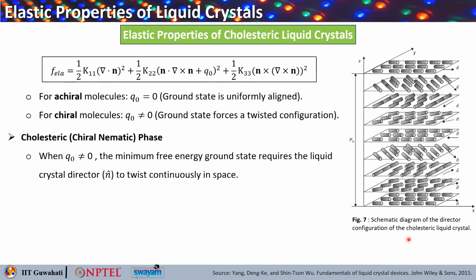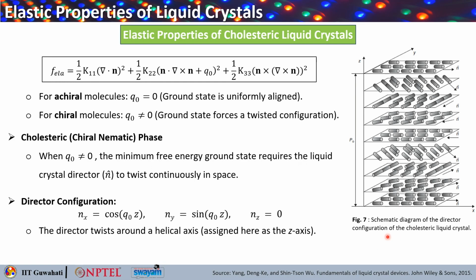So, here you can see how it changes. This is the pitch, you can say. It starts with this, then it slightly moves like this, then like this. Slowly it is getting moved, and finally here it goes back to the same orientation. So, this is the x axis, this is the z axis, this is the y axis, and this is the entire length over which it gets back to its initial position.